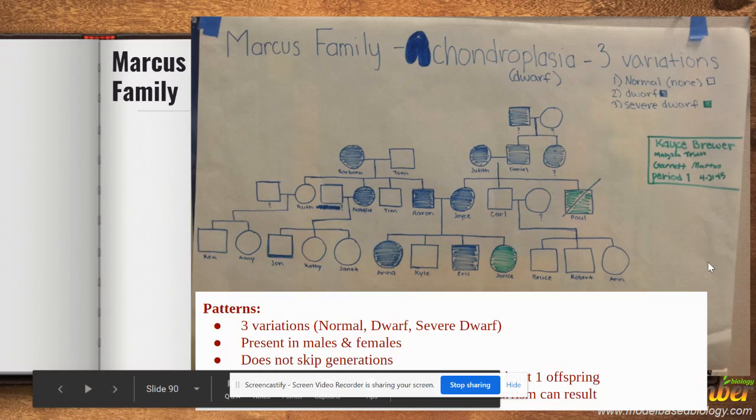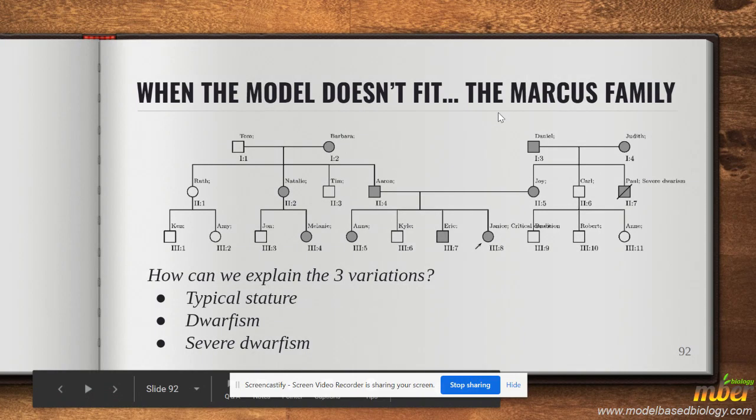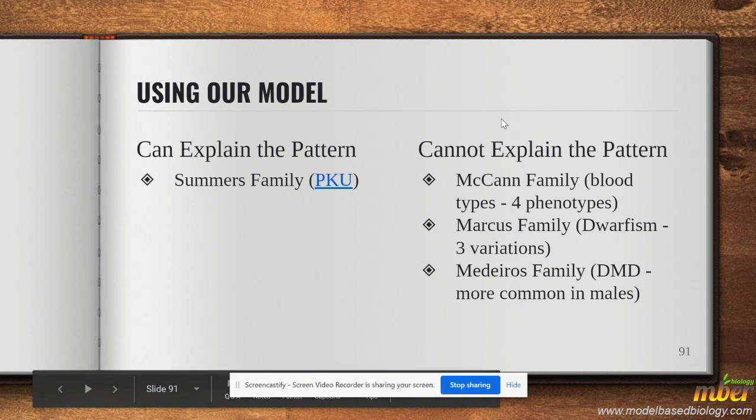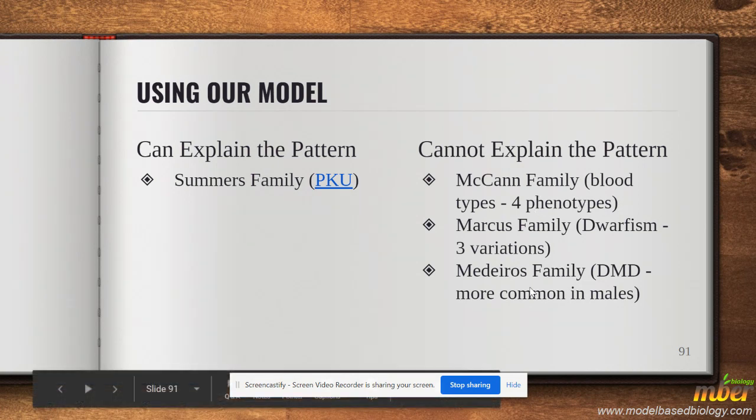And yeah. So using our model, we can successfully say that the Summers family has these specific alleles. However, with these other families, while we have some information to guess, we don't know 100% what all of these genotypes are.